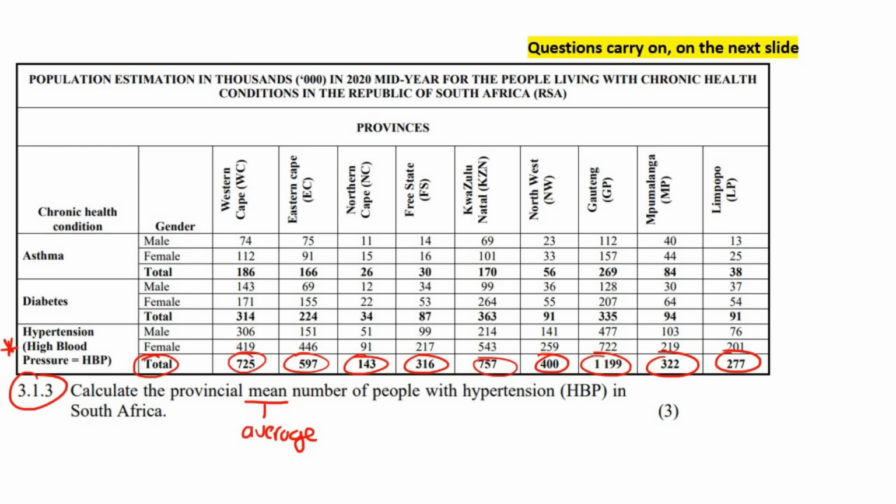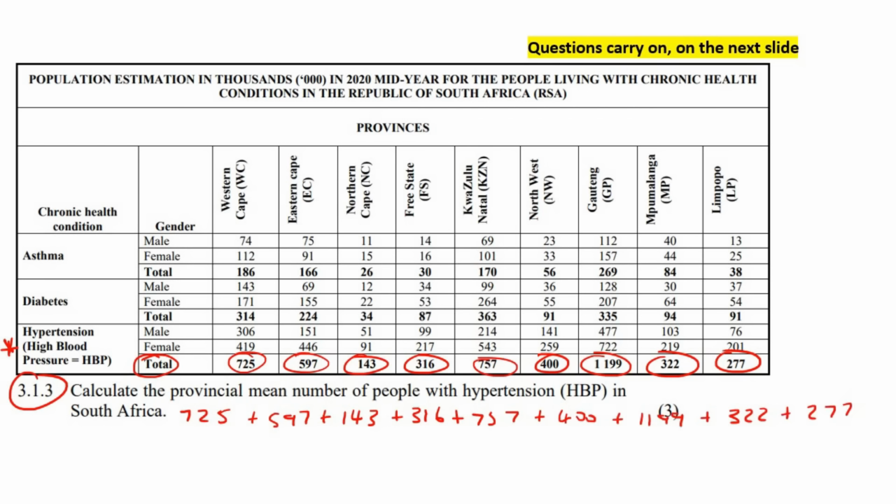Okay, now you don't have to change all of them to 1,000. You can just change the final answer to 1,000. So we know that to calculate the average, you say 725 plus 597 plus 143 plus 316. So I'm just adding all of these numbers together. Okay, and you take all of those numbers and you divide it by how many there are, which would be 9.